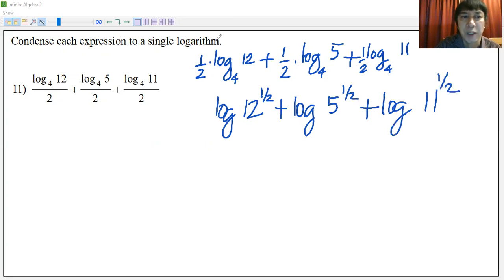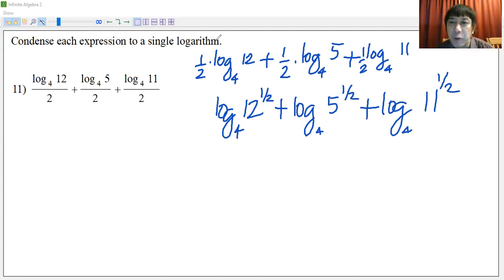These are all base 4. Otherwise, if you have different bases, you cannot express this as a single logarithm.